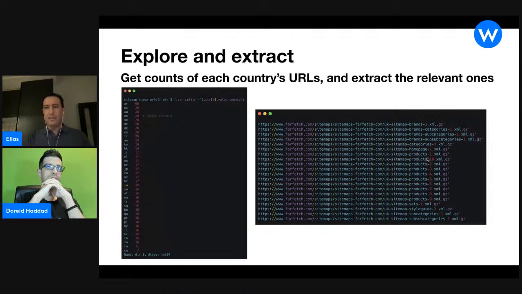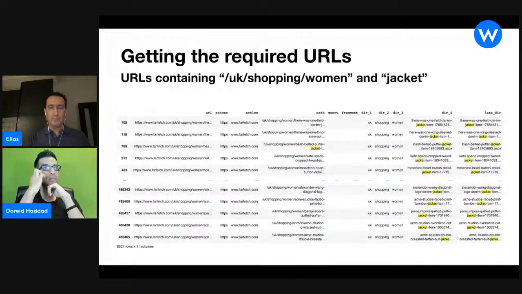So what we did is we downloaded those 10 sitemaps with the function sitemap to df, and then we filtered the ones that we wanted, which are jackets. And then we split those URLs, and now we can analyze them even more. So these are the URLs, as you can see here. Directory 1 is all UK, shopping, women.